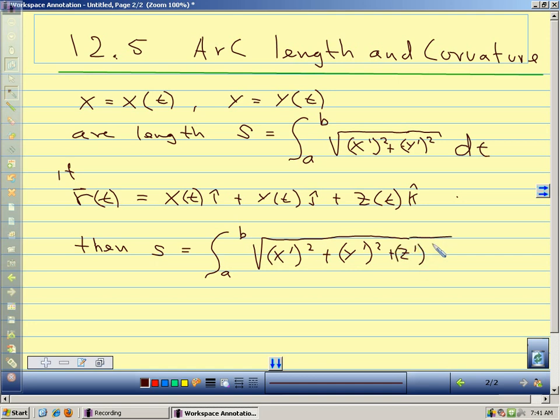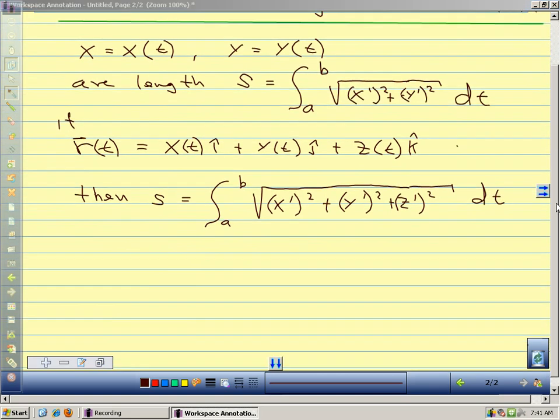I'm just dropping the function notation, but we're understanding that these are all functions. So this is our arc length using vector valued functions.